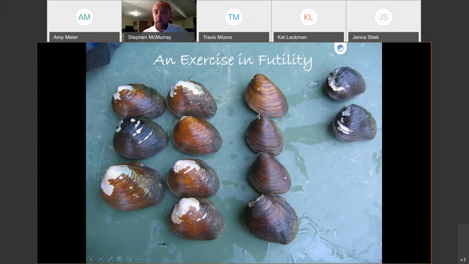The thing is you're looking at a very plastic feature, the shell, to be able to identify them, when in reality, the actual animal on the inside of the shell looks exactly the same in all 11 of these. And so that's the issue that you run into. You're using a very plastic feature, the shell, even though it's nice and hard and can make that noise. It's still very plastic, and it just changes with the environment.